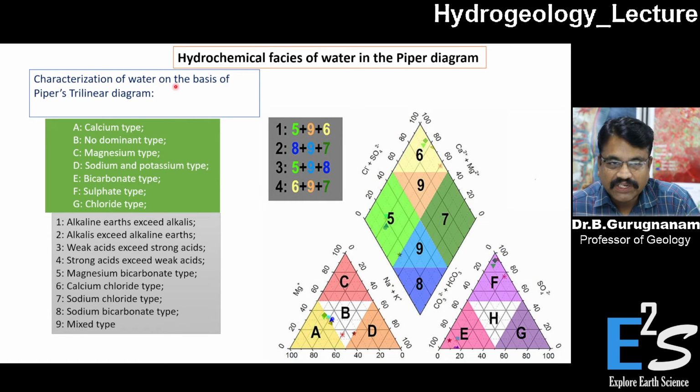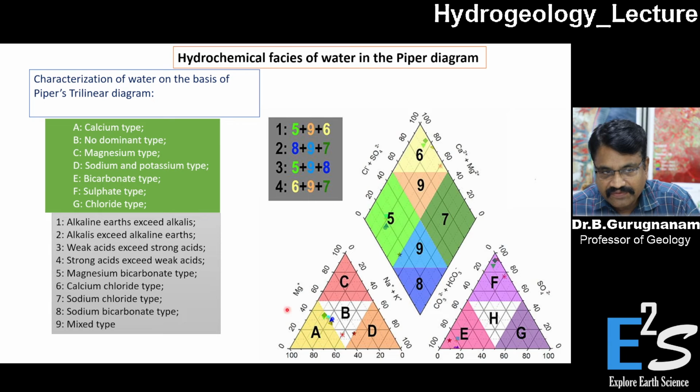Characterization of water on the basis of the Piper trilinear diagram is given by A to H. This is divided into A, B, C, D, E, F, G, H. What is A?